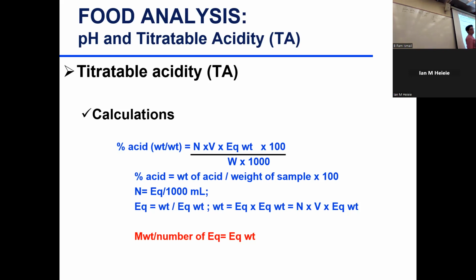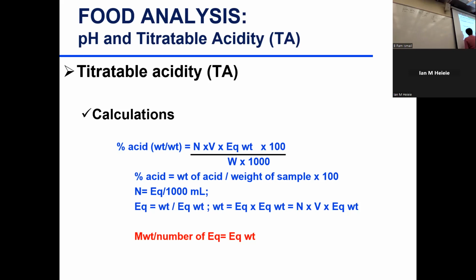Everything else is the same as we derived earlier. So normality and volume of your NaOH, that's why it's important to get the exact normality, the volume of titration, divided by the weight of the sample, correcting milliliters to liters. And then because it's a percentage, we multiply by 100.